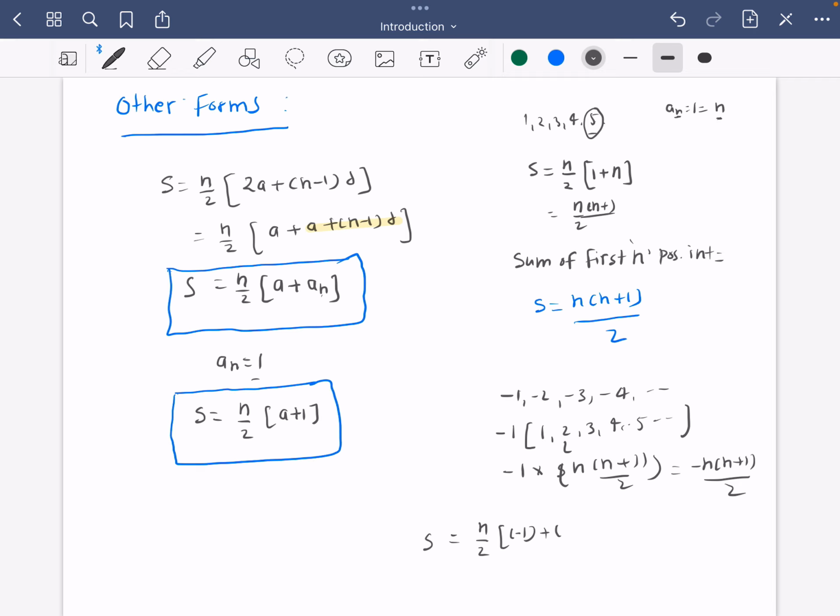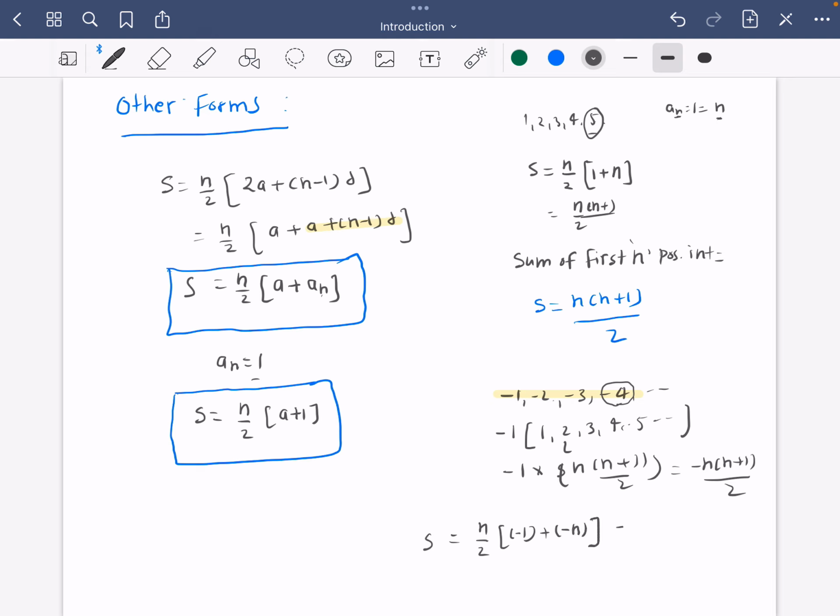That is, if there are 4 terms, for example here highlighted in yellow, the number of terms is 4, but the value of the last term is negative of the number of terms, that is, the value is -n. n is not negative, but its value is -n.